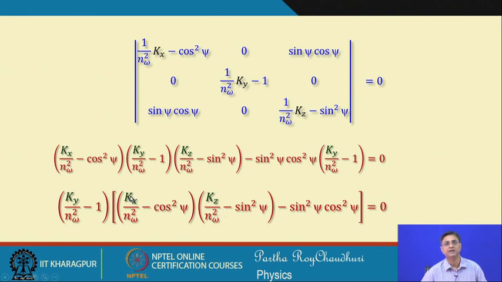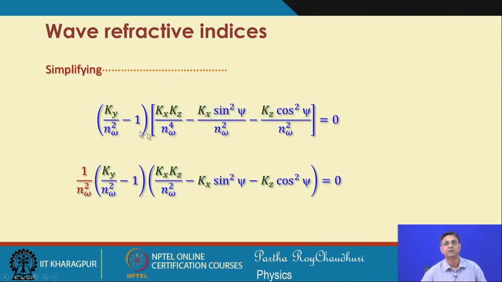There will be only k x by n omega square sin psi, k z by n omega square cosine psi with minus sign multiplied by this quantity. So, that is what appears, that k y by n omega square minus 1 into this quantity is equal to 0. So, we get an equation which involves k x and k z, because the wave is travelling in the x z plane.